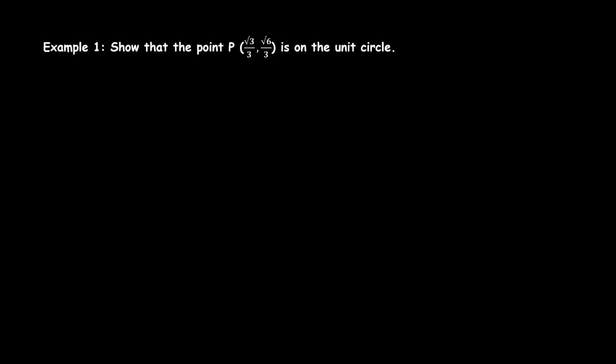So again, we're going to use our formula x squared plus y squared equals 1. Write x squared plus y squared equals square root of 3 over 3 squared plus square root of 6 over 3 squared.